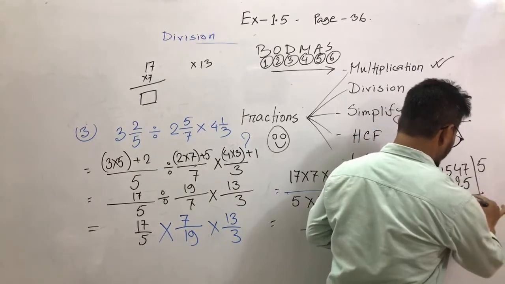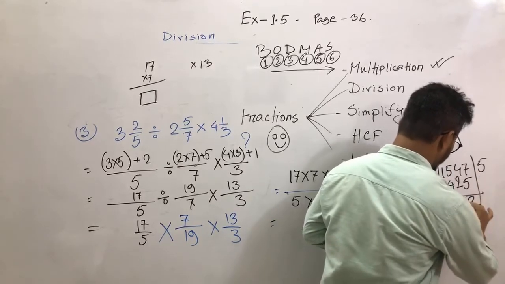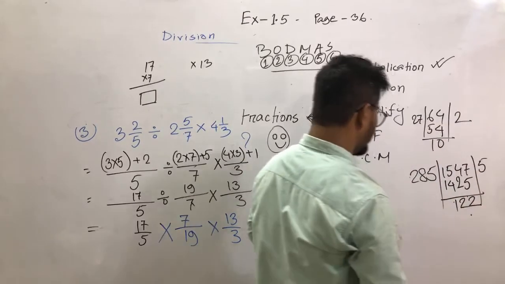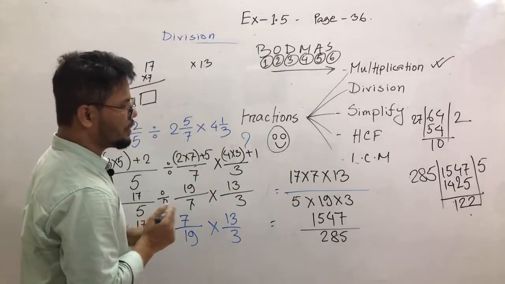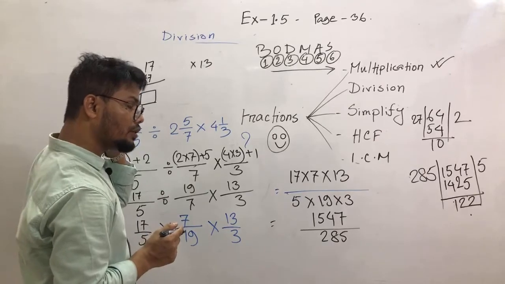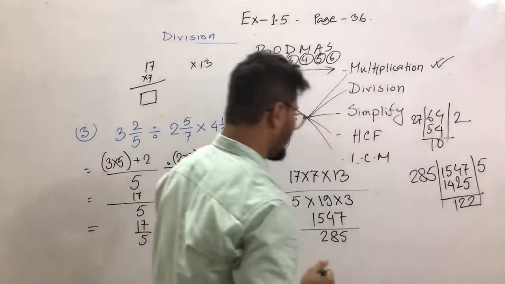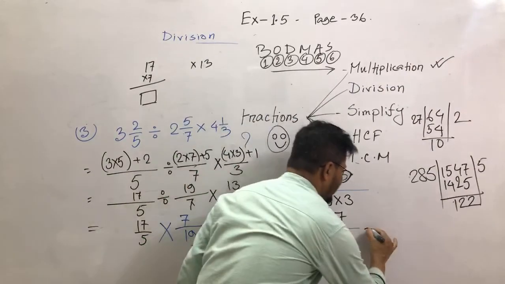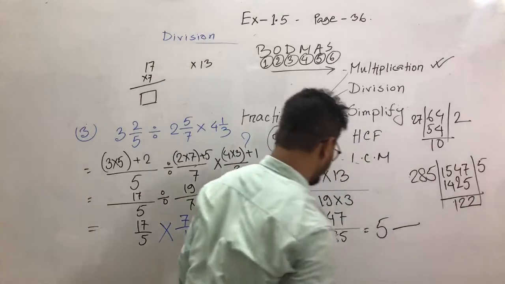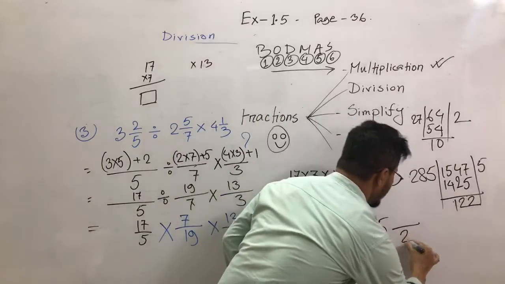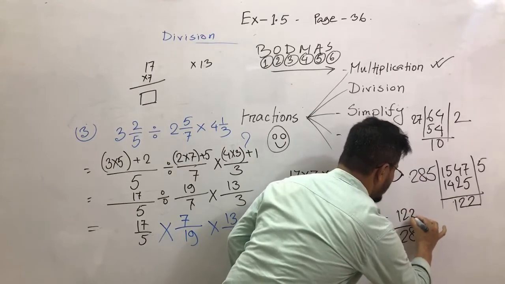So now we can write here, this one will be 7, 12, 2. Okay, now this answer will be 5 whole, and then 5 times 285, and the remainder is 122.